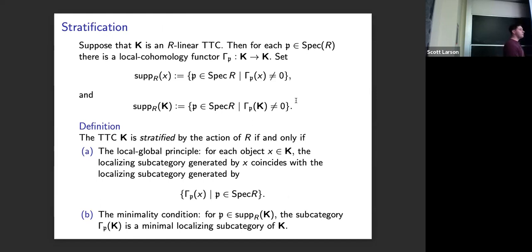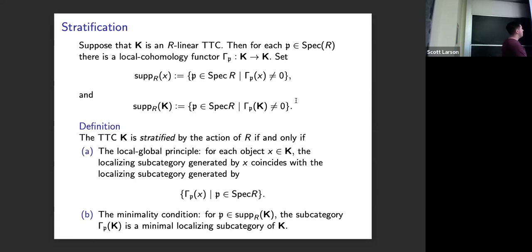So the technique that we're going to try to take advantage of for classifying localizing subcategories and thick tensor ideals is called stratification. So what we want to look at is an R linear TTC. What you can do is for each P in the spectrum of R, so the classical spectrum, you can construct these local cohomology functors.